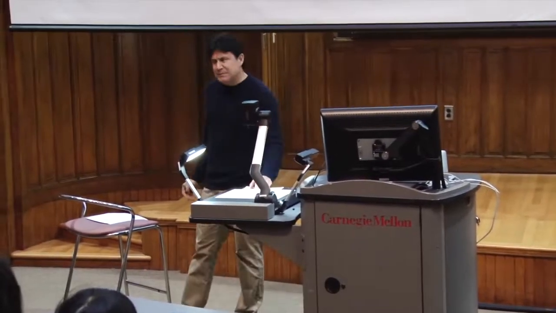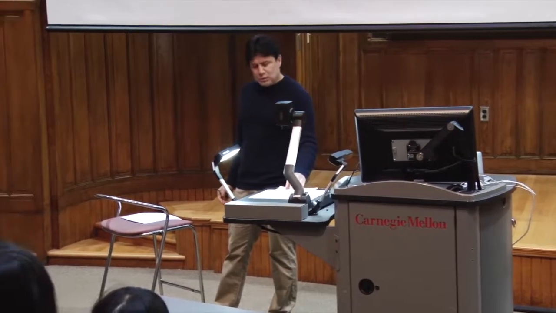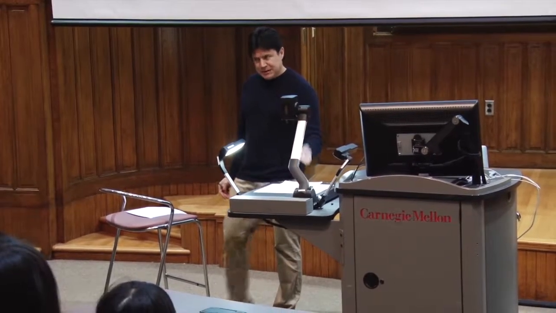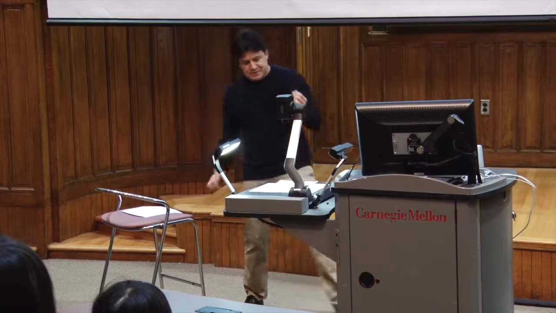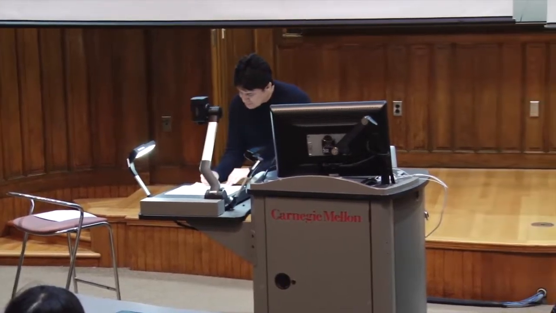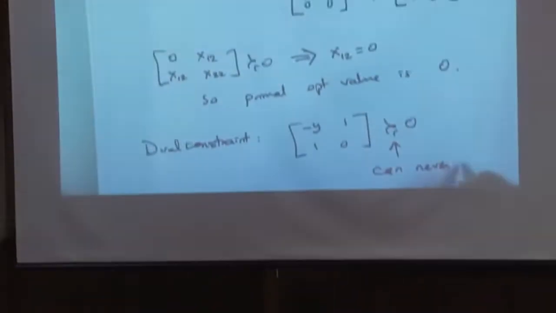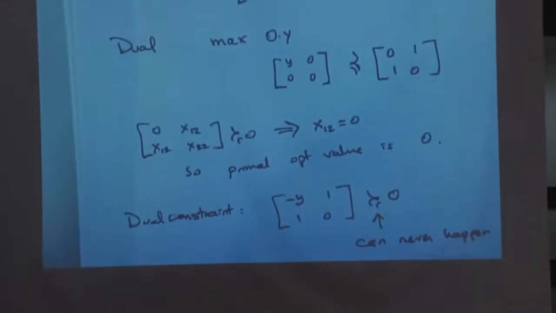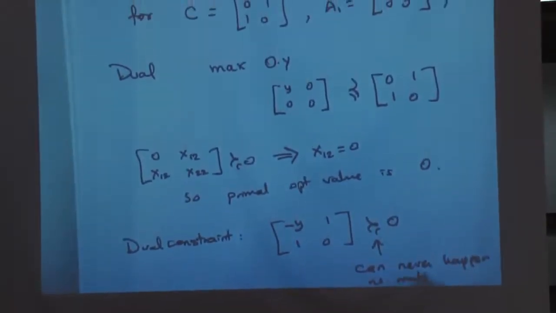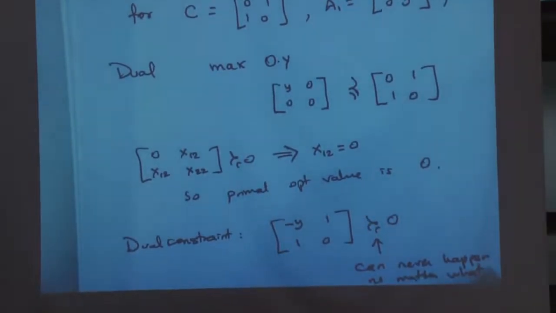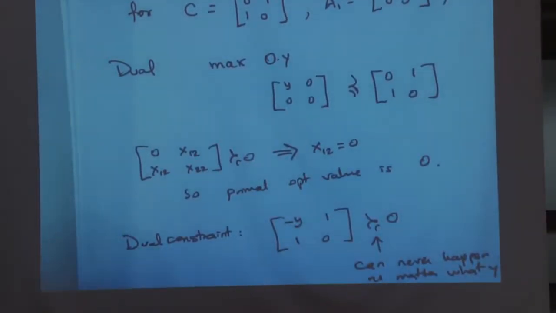But no matter what y is, the determinant will be minus 1. So this can never happen, no matter what y is. So the dual problem is infeasible.